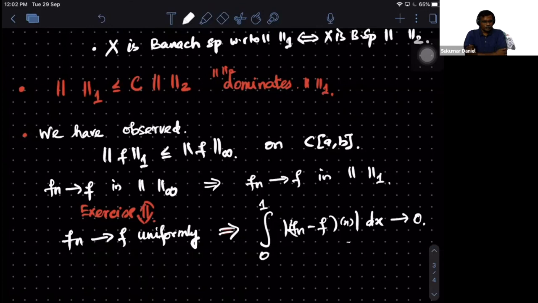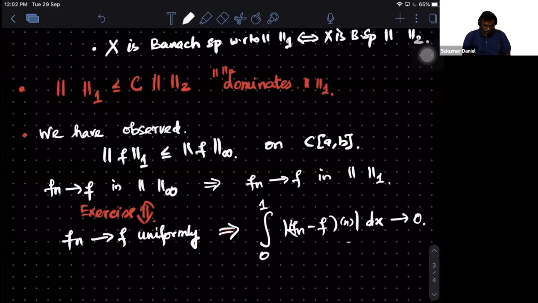fn converges to f uniformly. And what about the integral of fn converging to the integral of f? Or at least in your probability theory, you might have learned this, convergence in probability. So that's what it says.